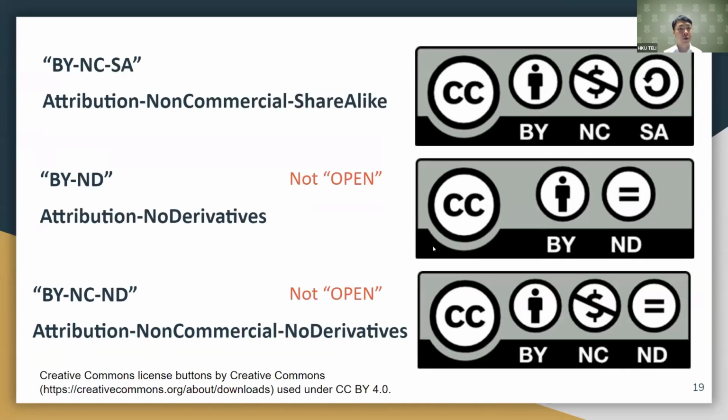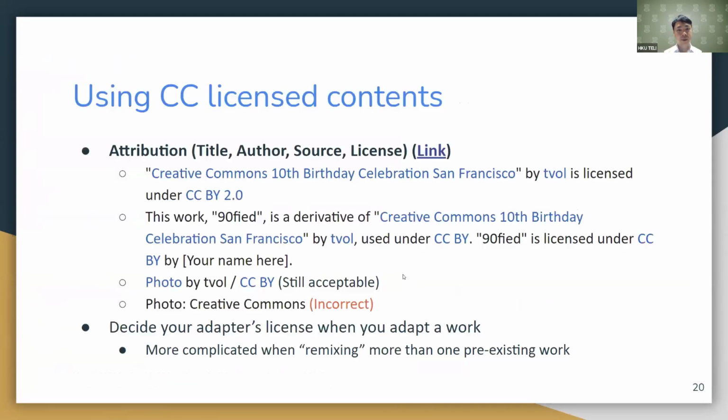And of course, there are another three here. Share it and also make it non-commercial. And then the last two will be not open. That means the content cannot be treated as an OER for T&L because you can't do the editing or remixing and then share it. So this is not open.